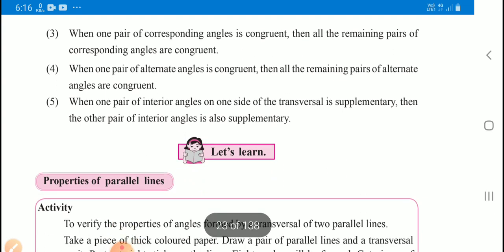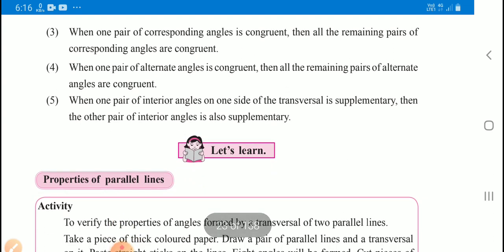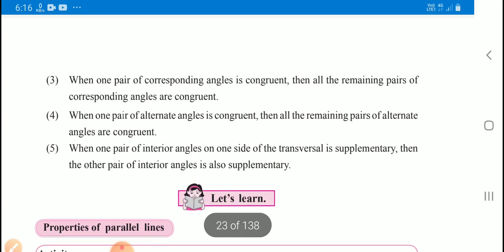Now, when one pair of alternate angles is congruent, then all the remaining pairs of alternate angles are congruent. As well as when one pair of interior angles on one side of the transversal is supplementary, then the other pair of interior angles is also supplementary.